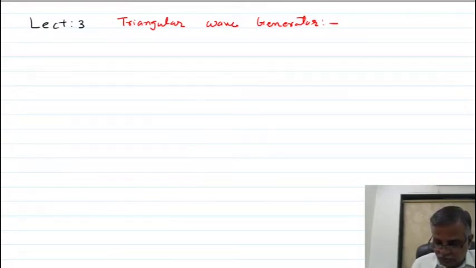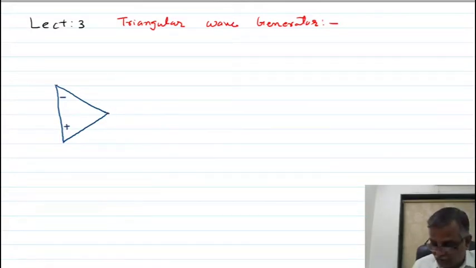See, I am drawing the triangular wave generator circuit. Here in the triangular wave generator circuit, the output of the square wave generator is integrated by an RC network. I am showing you, this is your triangle wave generator circuit.